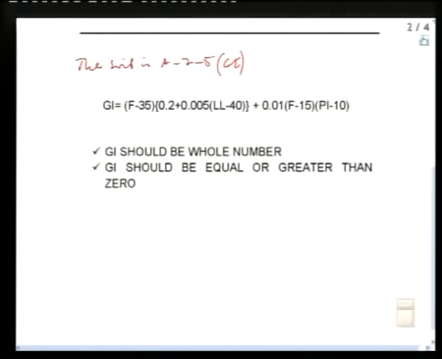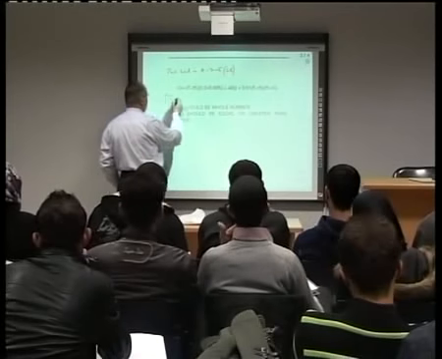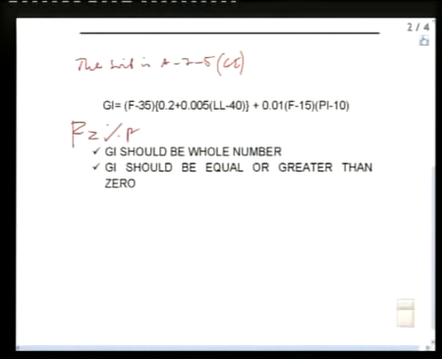Okay, let us go. GI, group index, okay? 35 we know, 0.2 we know, these are numbers. LL, what is LL? Liquid limit, minus 40. What is PI? Plasticity index, minus 10. Everything we know except F. F is the percent passing number 200.